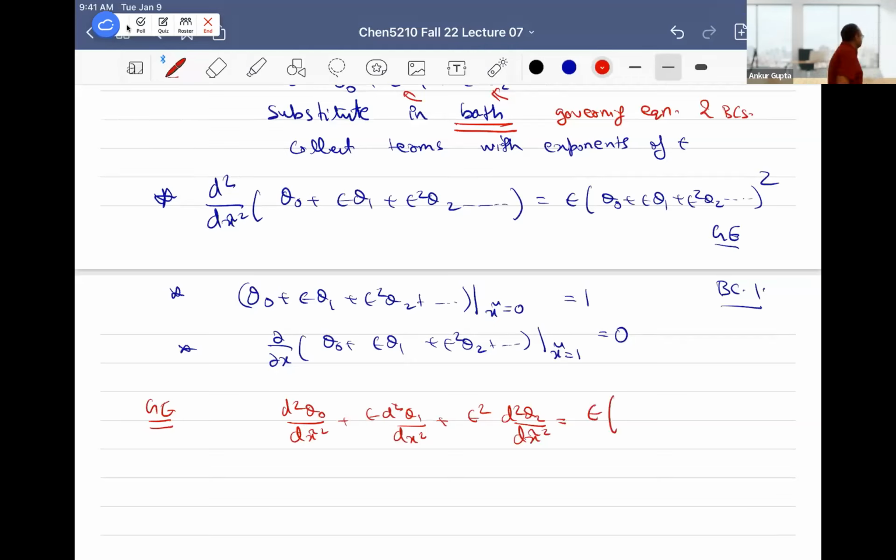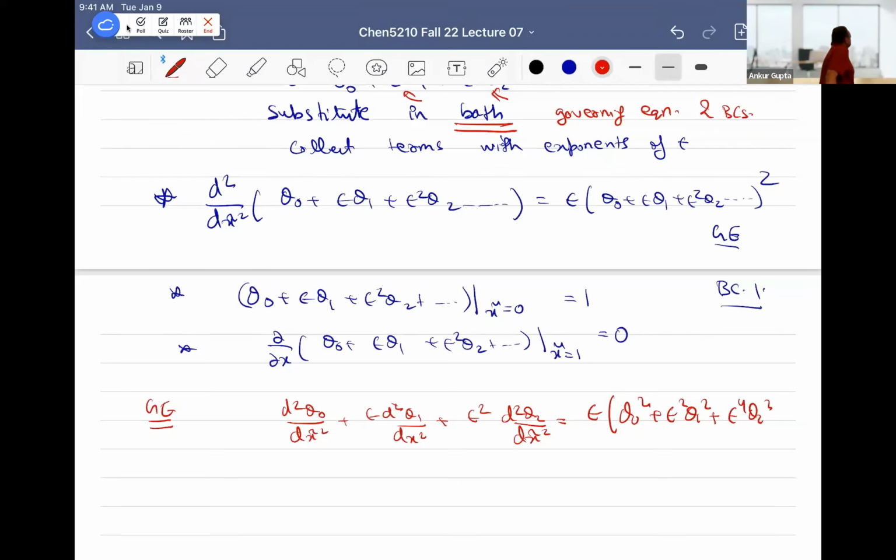Another way to think about this, let's go inside it now. What's the term which is squared, right? Because it goes square. So what will be the term with the lowest exponent? Theta naught squared, right? If I square the second term, that will be epsilon squared theta 1 squared. Then I'll have epsilon to the 4 theta 2 squared.